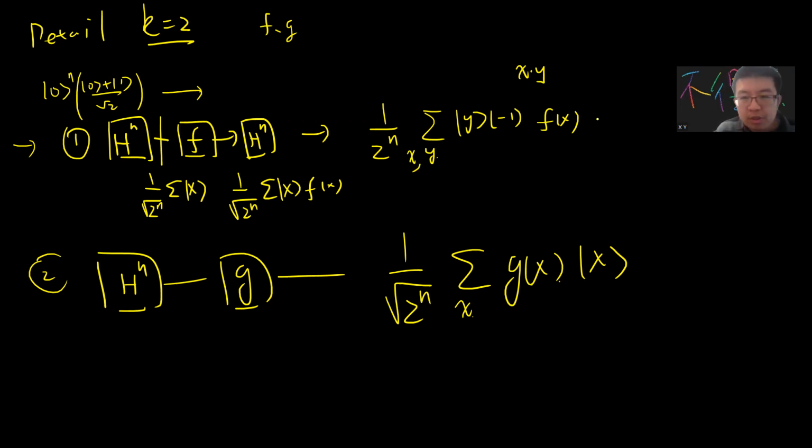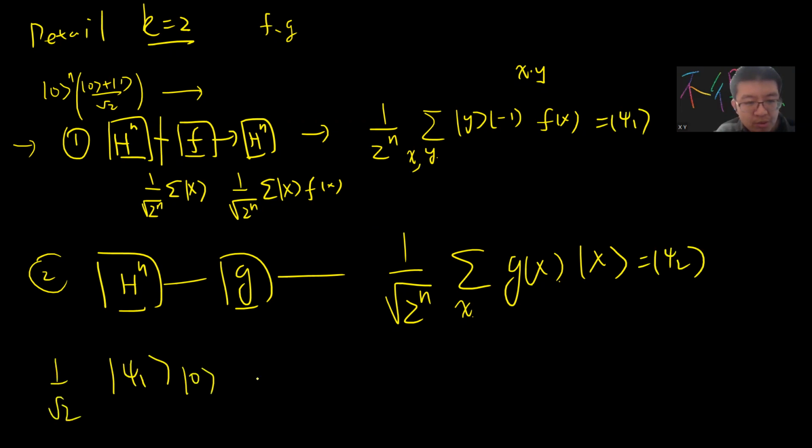So our state is this. This is psi 1, right? This is psi 2. So our state will be psi 1, 0 plus 1 over square root of 2, psi 2, 1. Okay. And I need to ask for the plus or minus, right? So I need to change it. As I said, I will start from here.